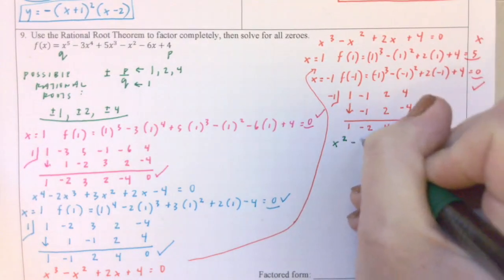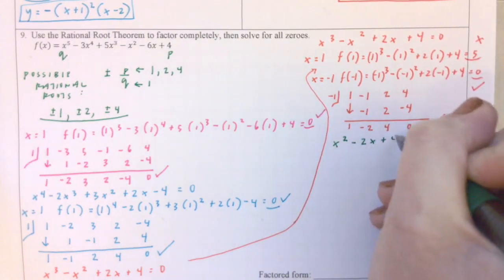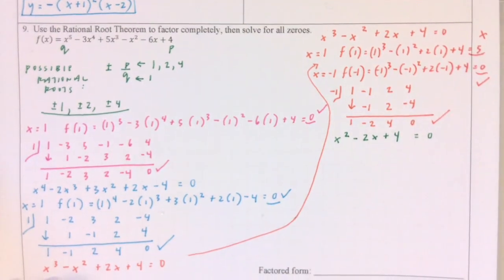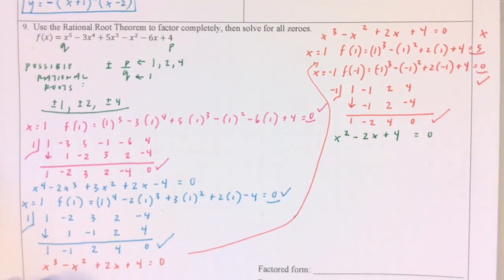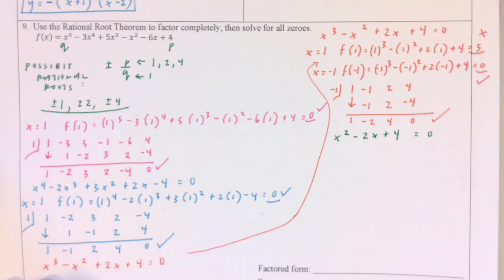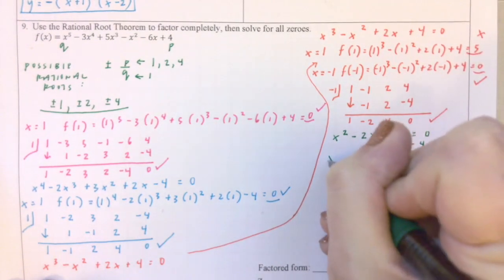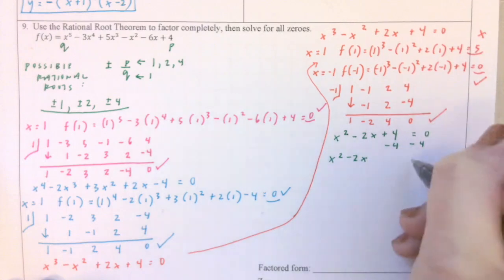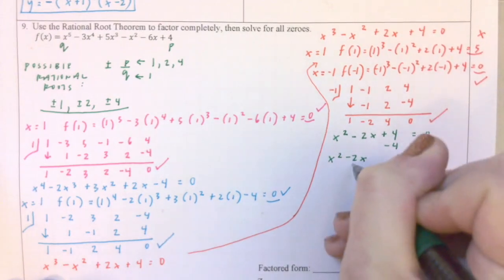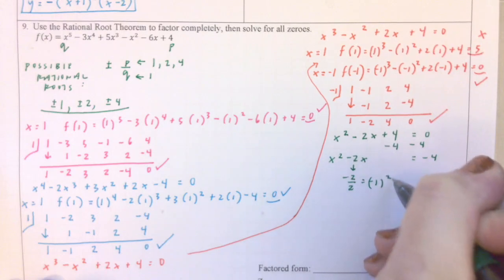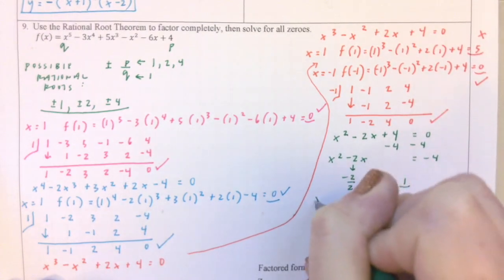X squared minus 2x plus 4. Oh no, not going to factor, but I still need to solve. So this one I would probably complete the square, but quadratic formula would be fine. So take away the 4 if you complete the square. Remember that we take that linear term, we split it, we square it, gets us 1.